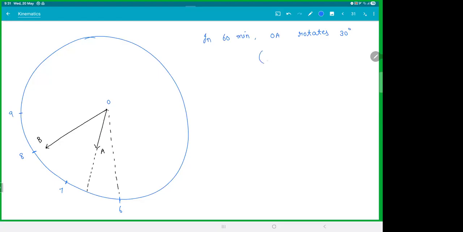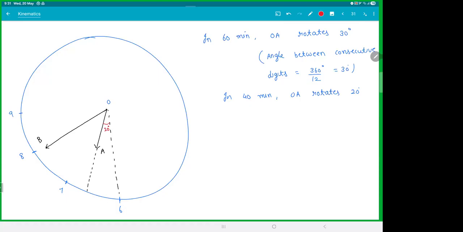So the angle between any two consecutive digits is 360 degrees by 12. Now you tell me, from the unitary method, in 40 minutes, how much will it travel? In 40 minutes, OA rotates 20 degrees. That means this angle here is 20 degrees. Is that clear, everyone? That is how OA will look.